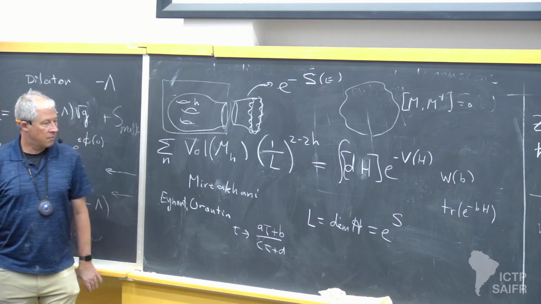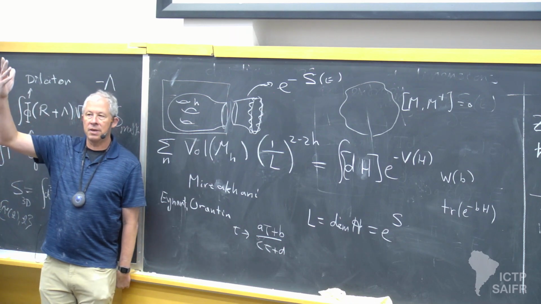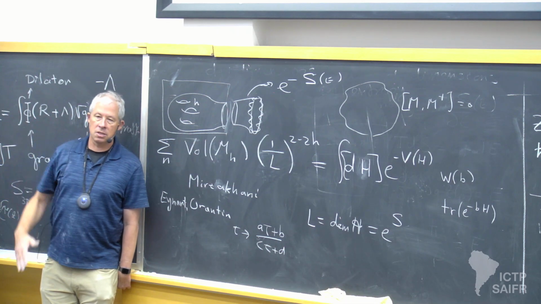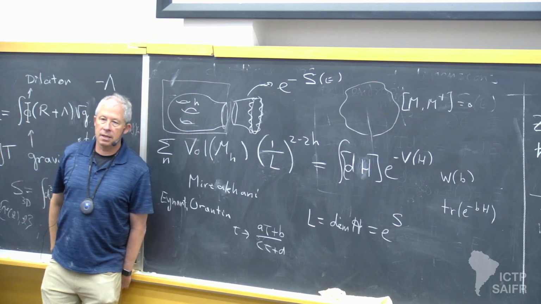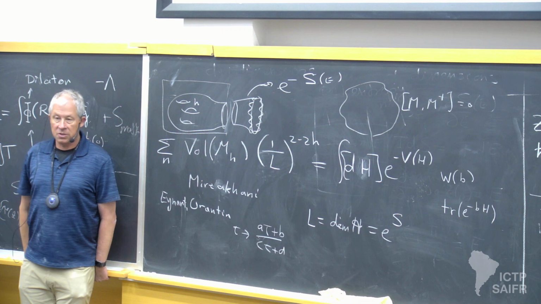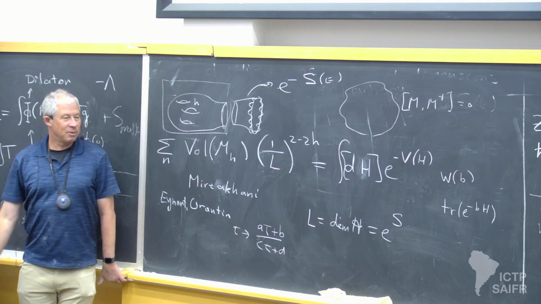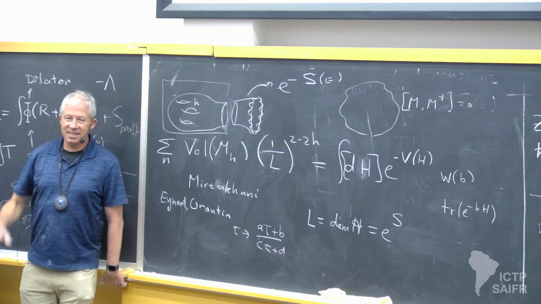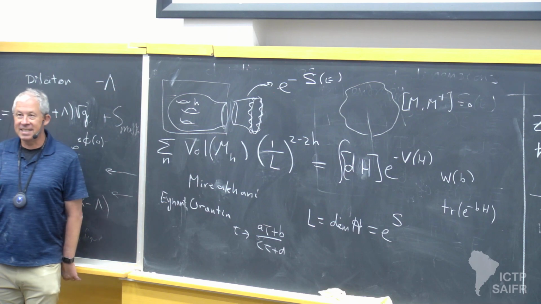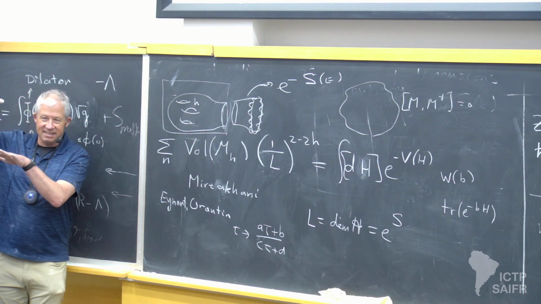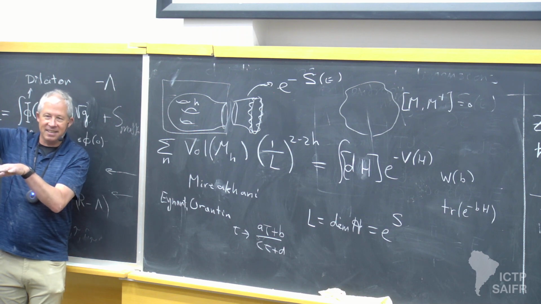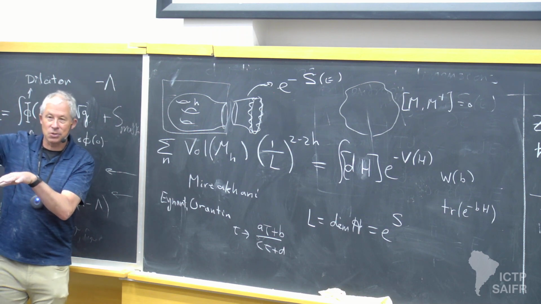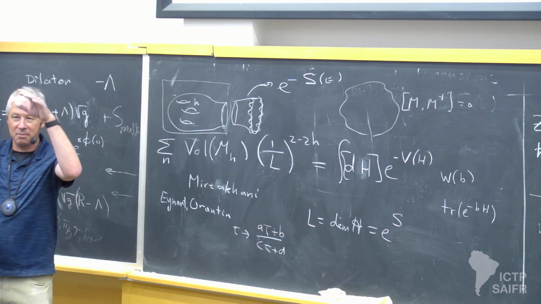But whenever you have identified an effective description that's valid at low energy, and you have identified the low energy degrees of freedom that are essential, then the Hamiltonian of the low energy theory is not identical as an operator with the UV Hamiltonian, but it's still true that both of them describe the same time evolution.